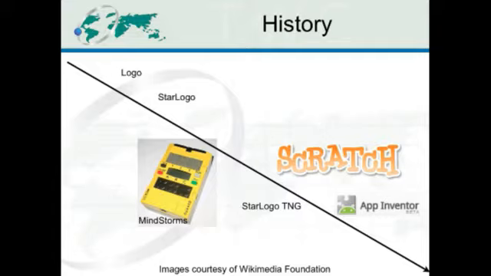So the idea is that it's meant to inherit from all these different things, this very straightforward visual way of building applications and making computers do stuff. And the idea there being is that you can use it as an opportunity to teach kids or people who don't have any programming background how to do some basic programming. And of course, the difference here is that this is doing it on the Android platform, which means that you can actually build an application, go out into the real world, and play around with it.